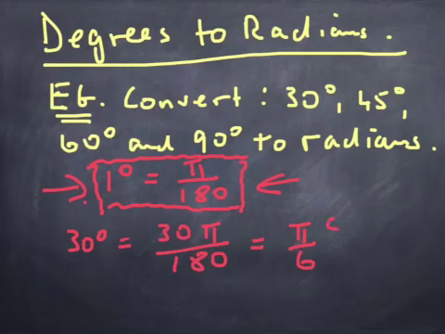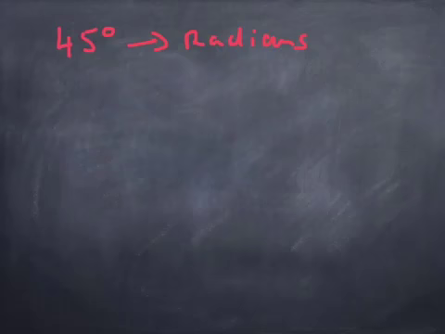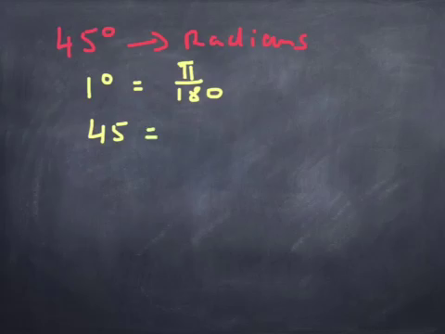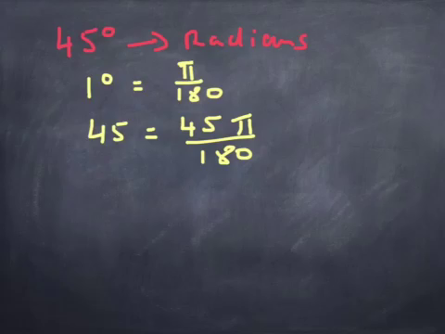Next example, 45 degrees to radians. So if 1 degree, remember, equals pi on 180, to convert 45 degrees to radians, all I've got to do is times both sides by 45, and we get this sort of thing. Now what you're going to find is that that simplifies to pi on 4 radians.